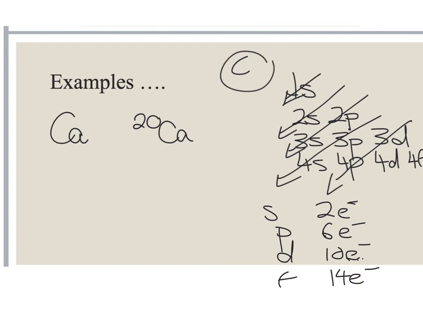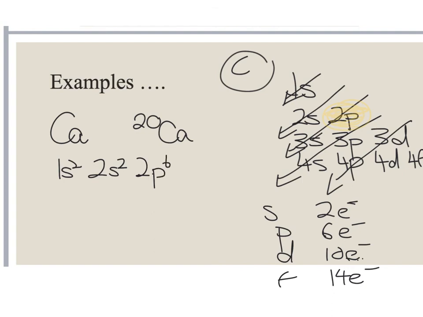Alright, so let's count. Start with calcium. I'm going to do 1s2. And I'm going to look at my diagram and go, alright, next one's 2s2. Next one is a p orbital. A p orbital can hold 6 electrons, so 2p6. Next one, follow the arrow down.